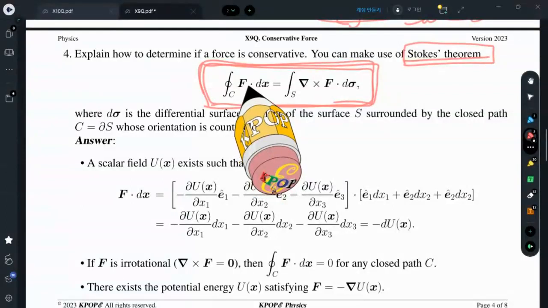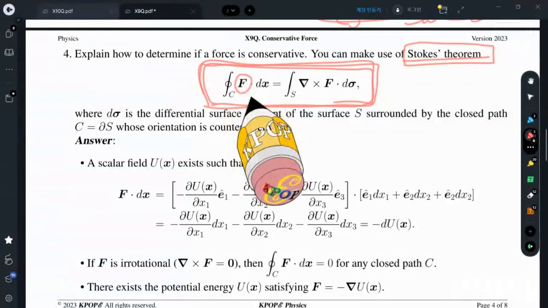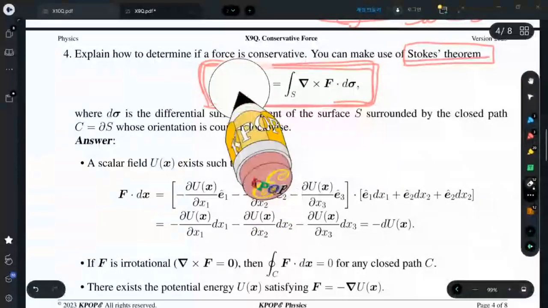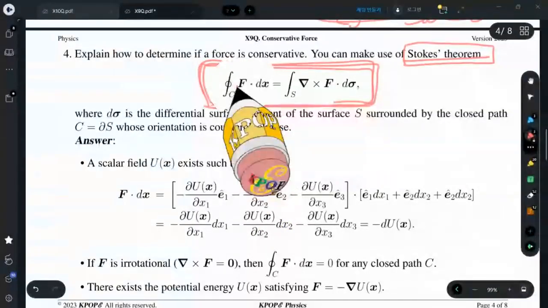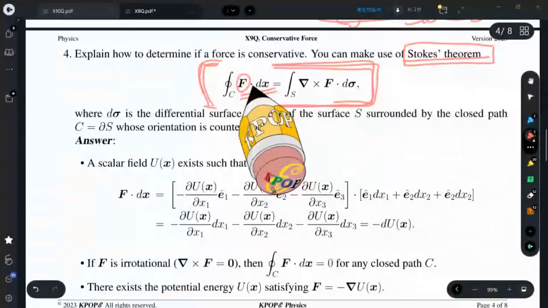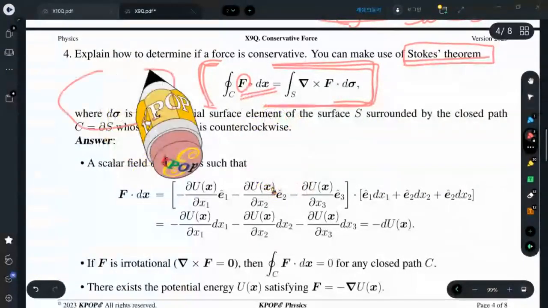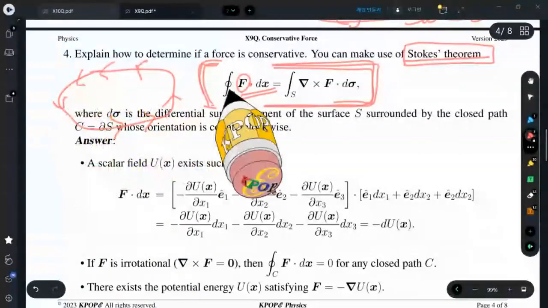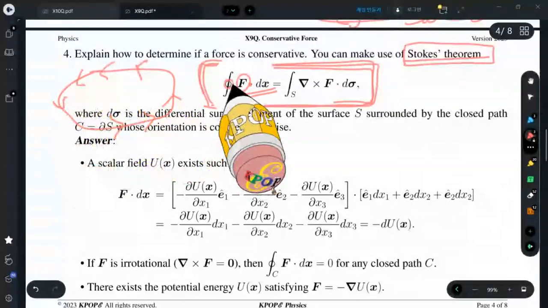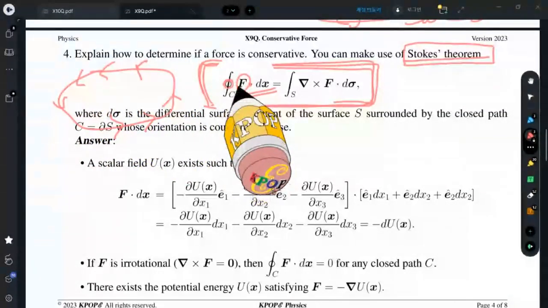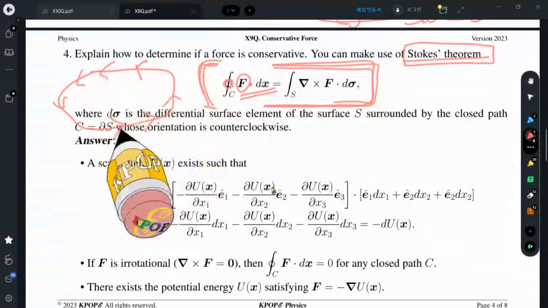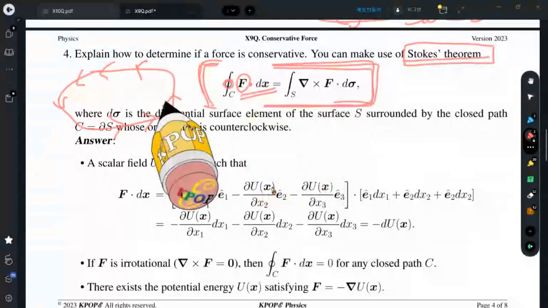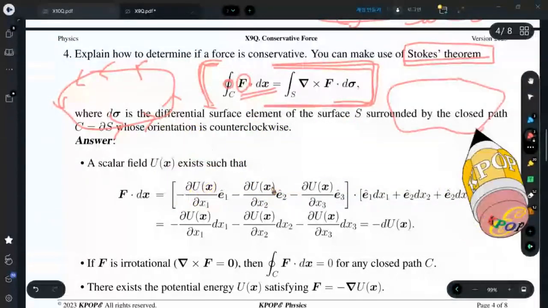Let me tell you, F doesn't have to be a conservative force. F is an arbitrary vector field. But any vector field integrated over a closed path, this circle is a closed path, the final result is the same as what kind of integral?